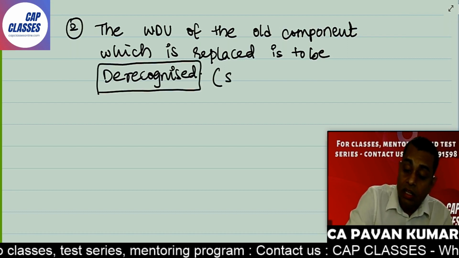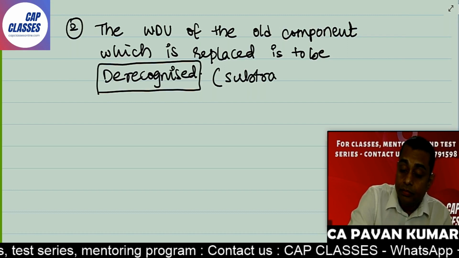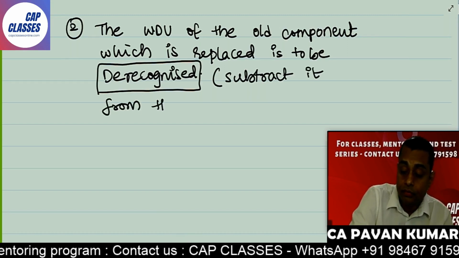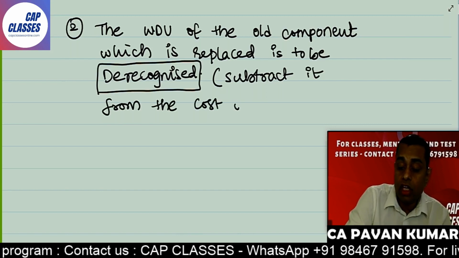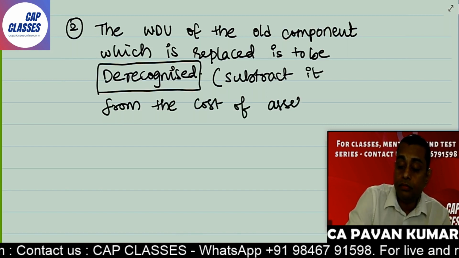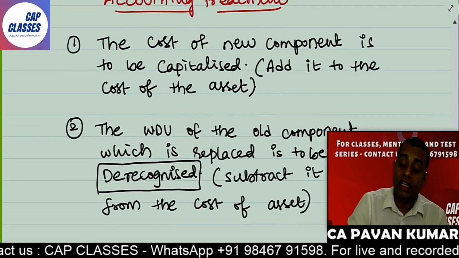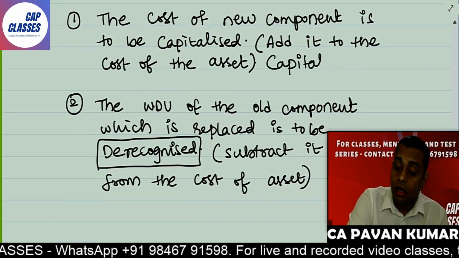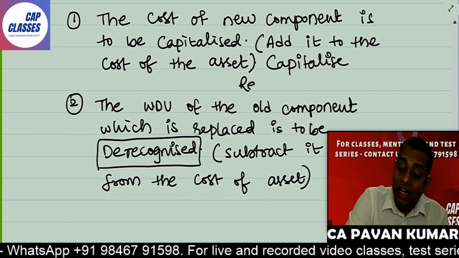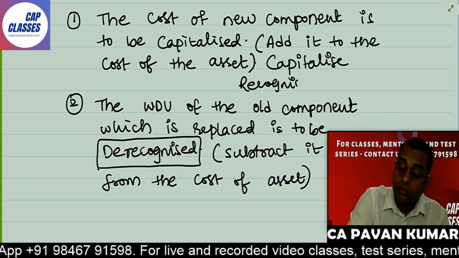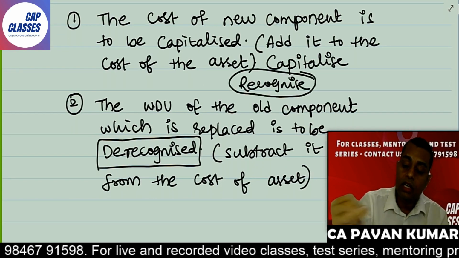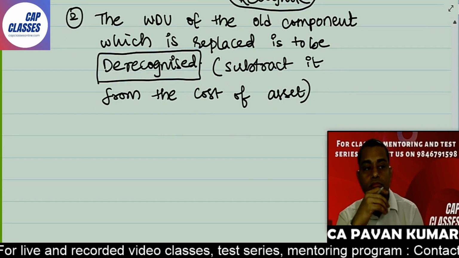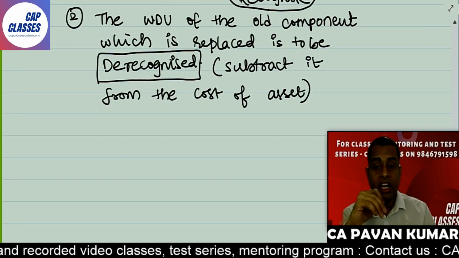That means subtract it from the cost of the asset, from the cost of overall asset. So this is capitalize, that means recognize. So there is one recognition, there is one derecognition.